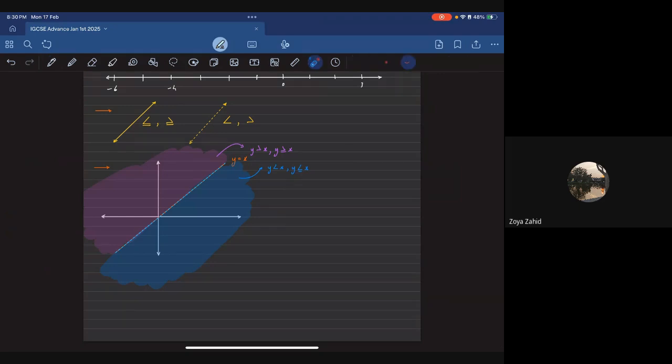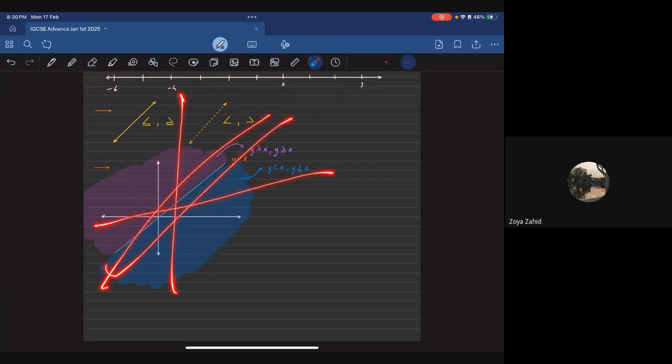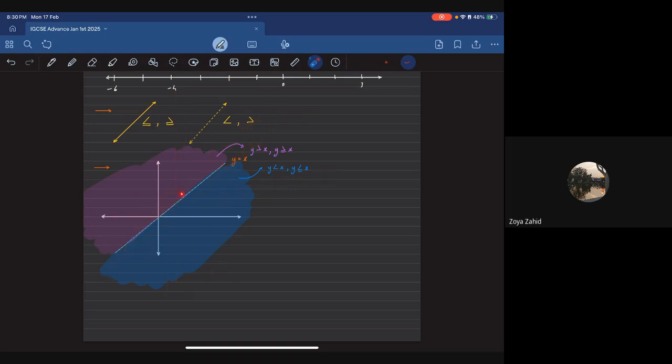Now, regardless of where your line is, your line can be like this, your line can be like this. Always remember, on top of the line, above the line or towards the left of the line, y is greater than x. Whereas below the line, towards the right of the line, y is always less than x.